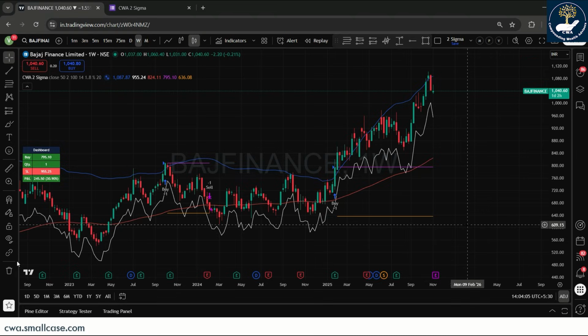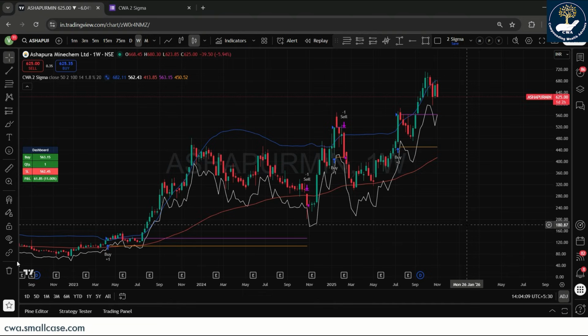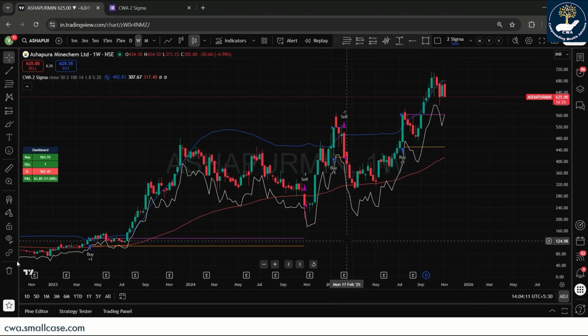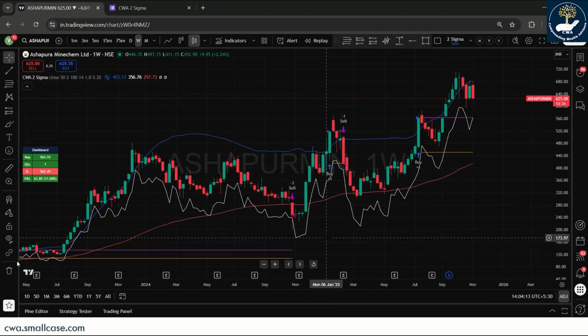Let's look at a few examples of stop losses that have occurred in the system. So one is Ashapura Mine. In this case, a buy signal was generated on the 13th of January 2025, where the close of 518.75 was above the upper Bollinger Band value of 463.82.